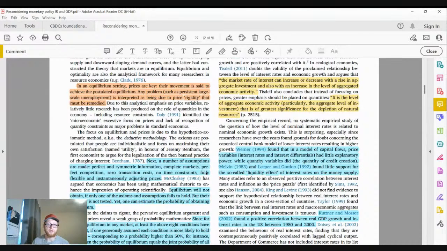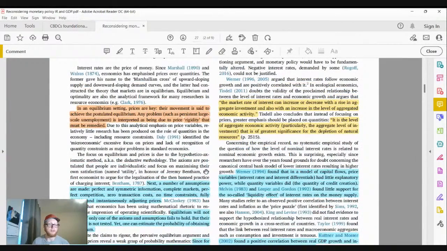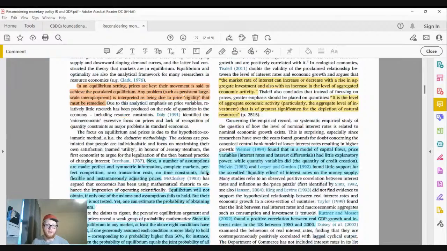Any problem, such as persistent large-scale unemployment, is interpreted as being due to price rigidity that must be remedied, right? So it's not necessarily the price of money per se. At least what I got from this is that once you get too far out of equilibrium, it's the supply and demand equation that really dictates what's going on, rather than the price of money, at least directly.